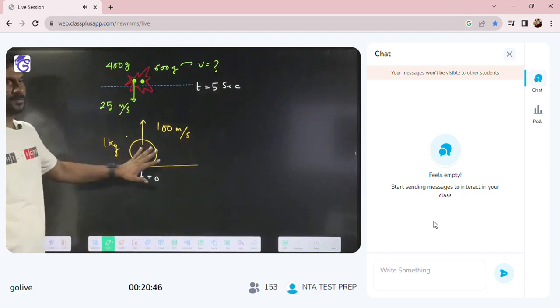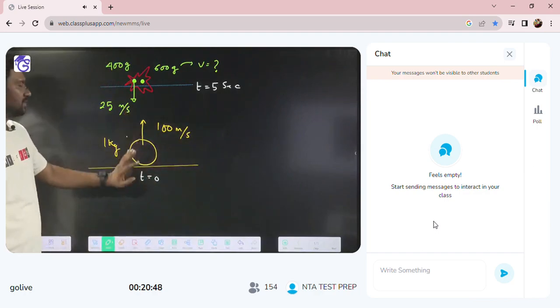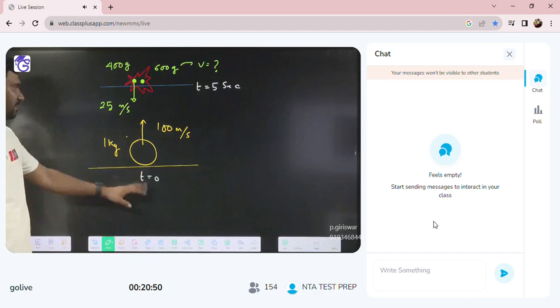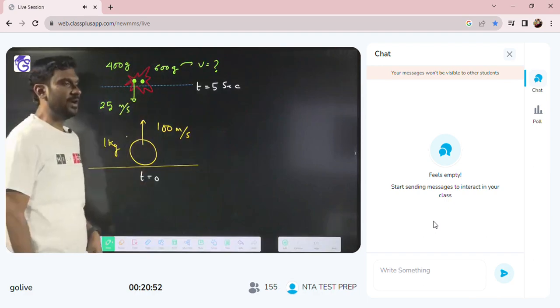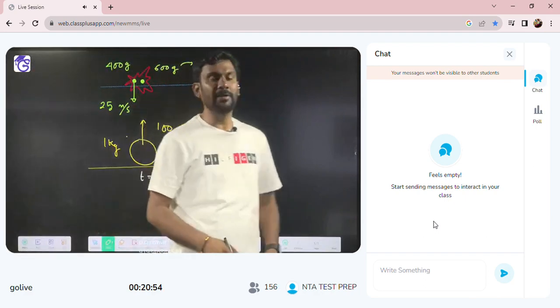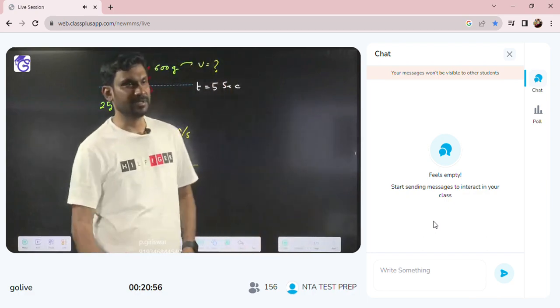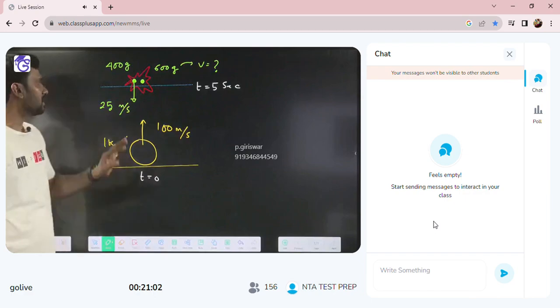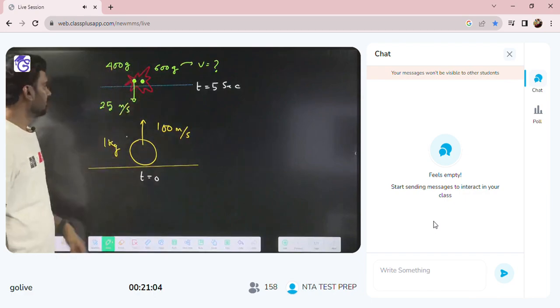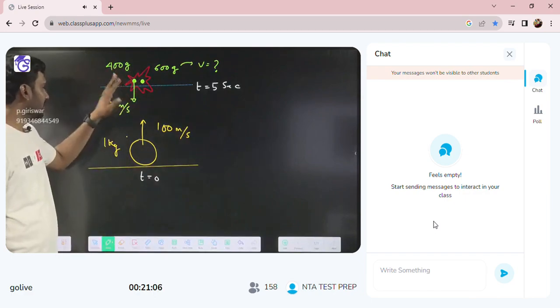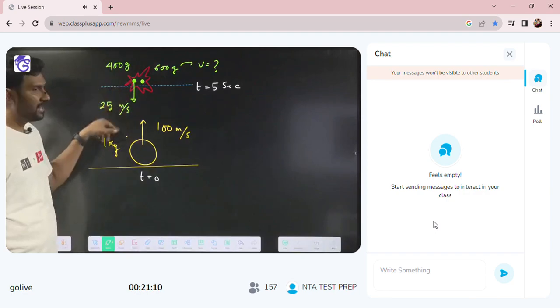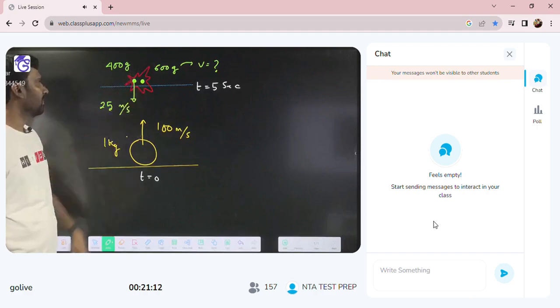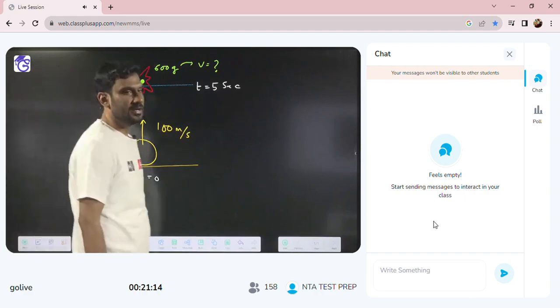So this is an explosive initially thrown upward with 100 meter per second at t equal to 0. At t equal to 5 seconds, the explosion takes place in mid-air, and it gets fragmented in two parts, 400 gram and 600 gram. The 400 gram comes downward with 25 meter per second. They are asking what is the speed of the 600 gram.